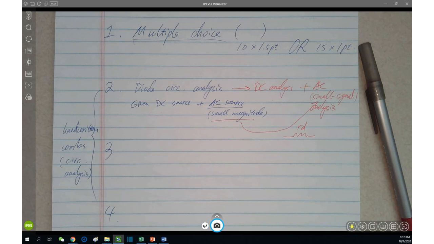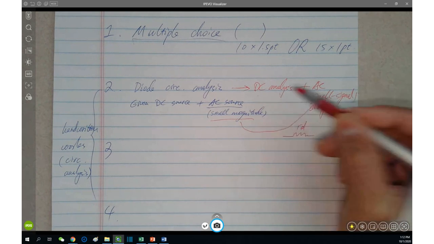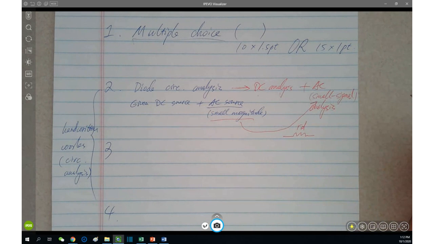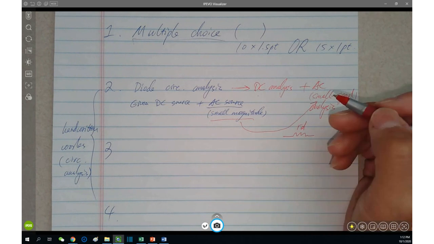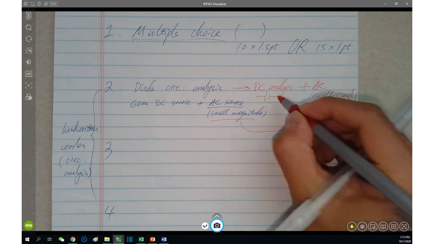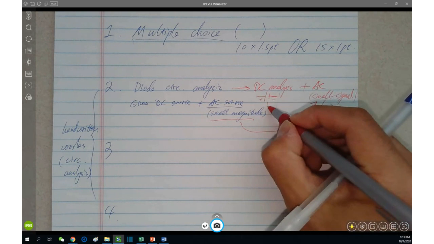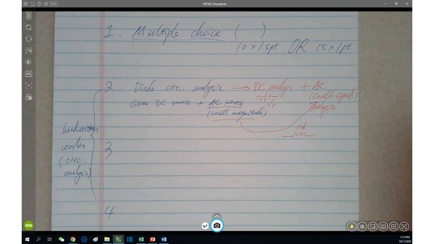Then what is the DC model? Everyone should know this. It's a voltage source. Exactly, with voltage drop. So this is the model, and this is the one circuit. And we have examples in the PowerPoint slides.